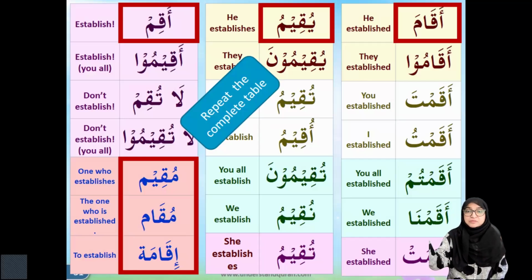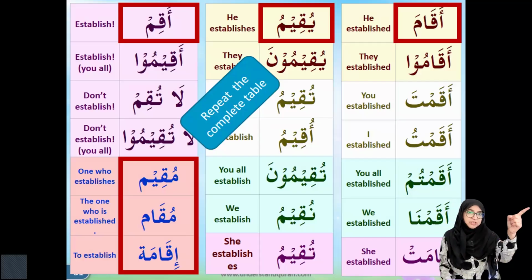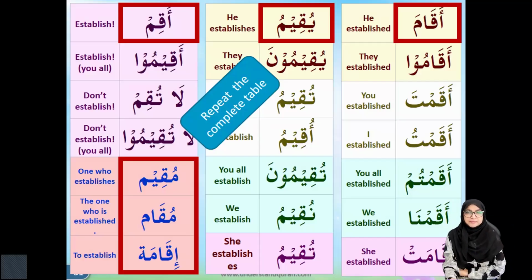Now the present tense verb. He establishes: yuqim. They establish: yuqimun. You establish: tuqim. I establish: uqim. You all establish: tuqimun. We all establish: nuqim. She establishes: tuqim. Command. I'm sorry, I should have said it in English.